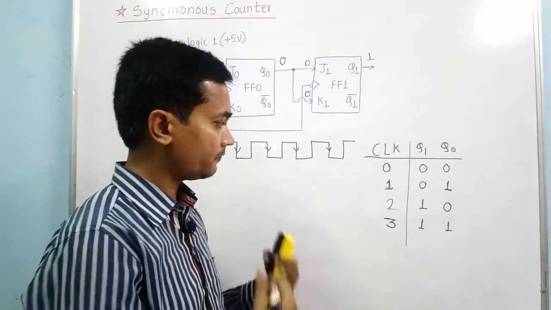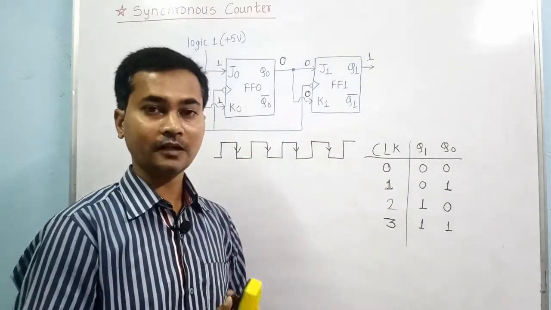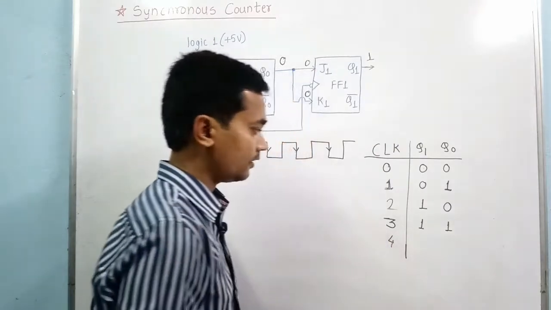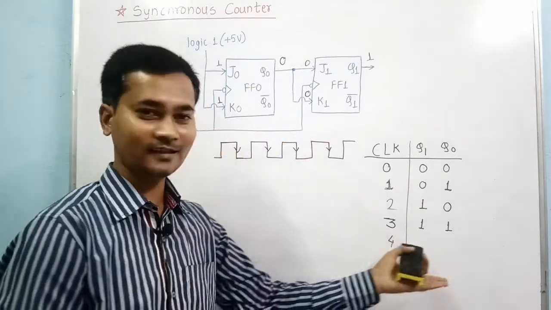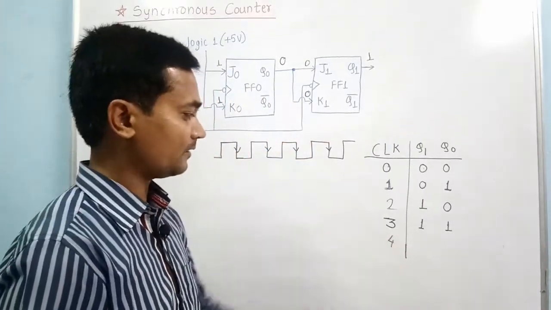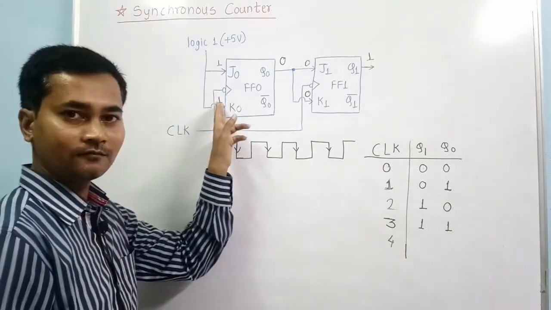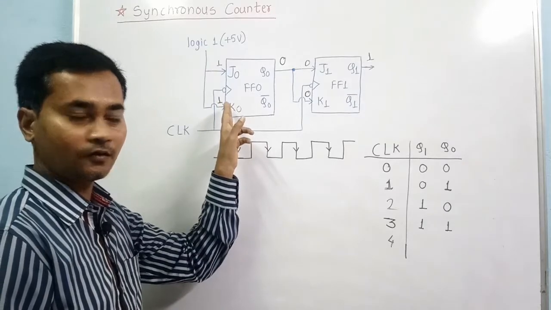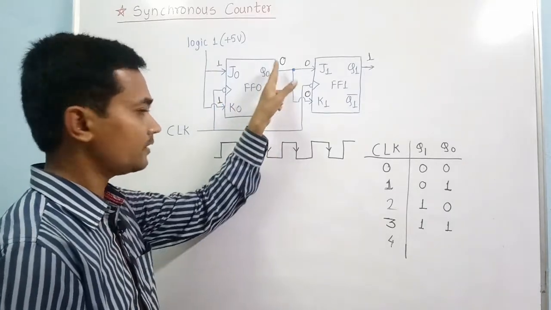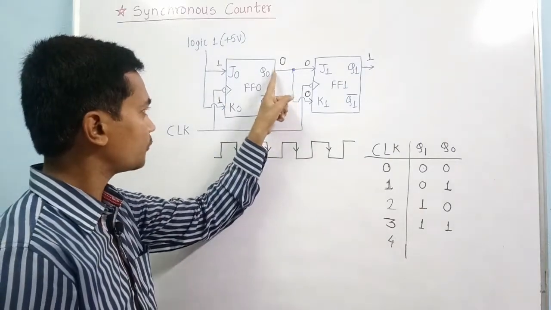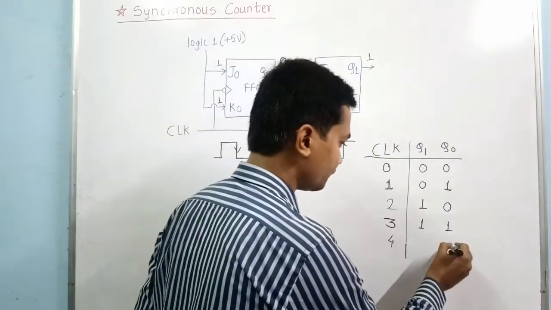Now if you apply the clock signal further, what will happen? If you apply the fourth clock, the 1 is already applied and just waiting here. Anyhow, Q0 is always toggling, so this output state will change to 0 again.